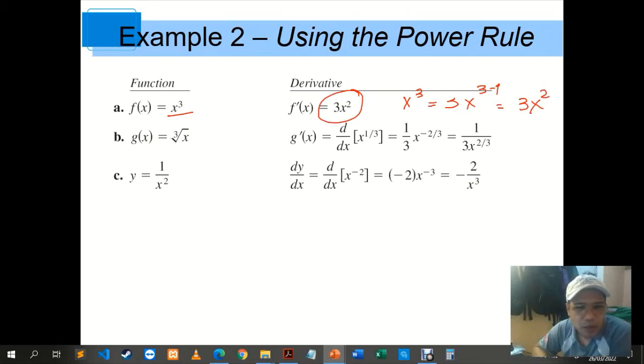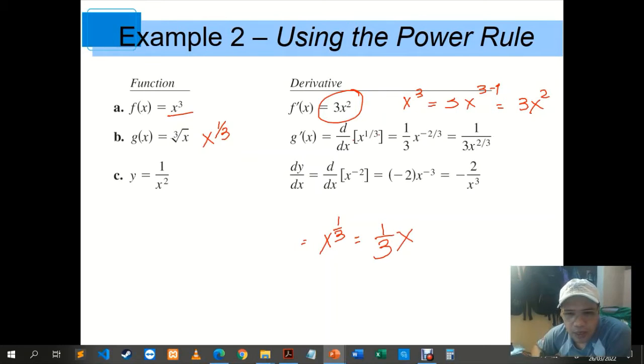Now, cube root of x. We will try to rewrite the cube root, kaya that will become x raised to 1/3. So applying the derivative, the derivative of x raised to 1/3 is 1/3 x raised to 1/3 minus 1, or 1/3 x raised to 1/3 minus 3/3.